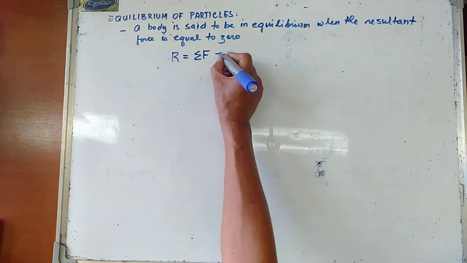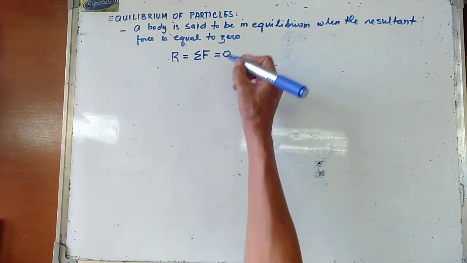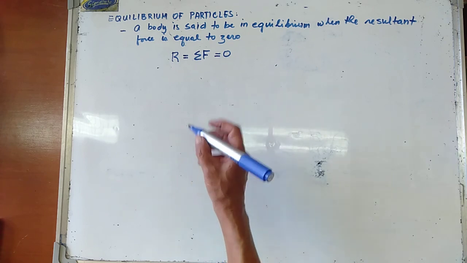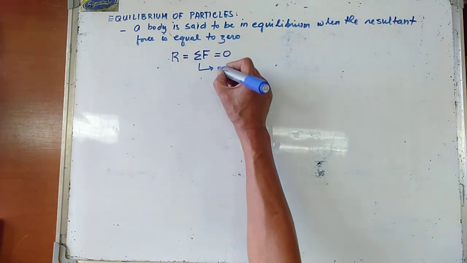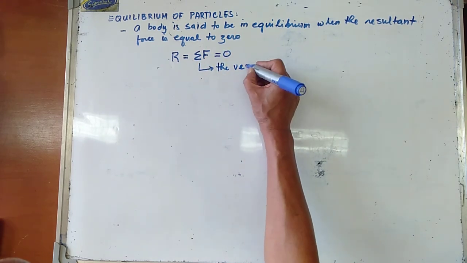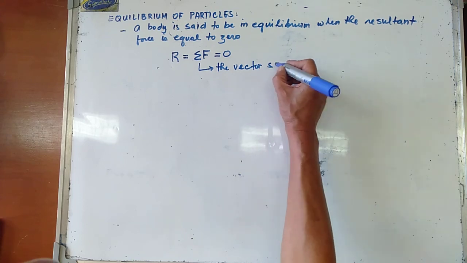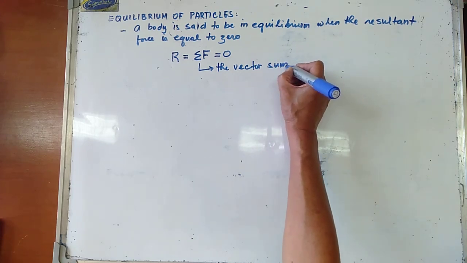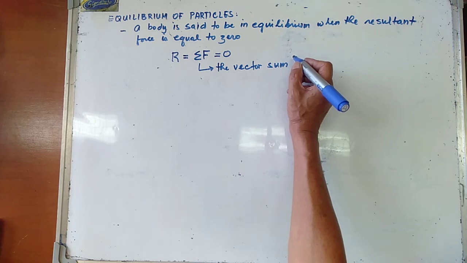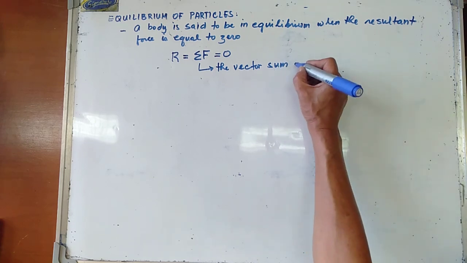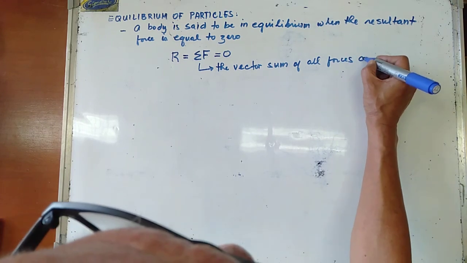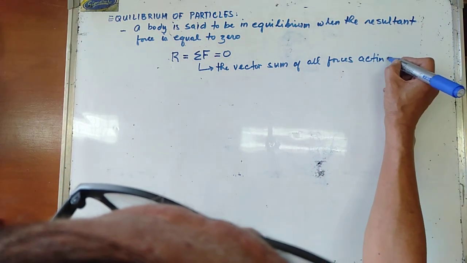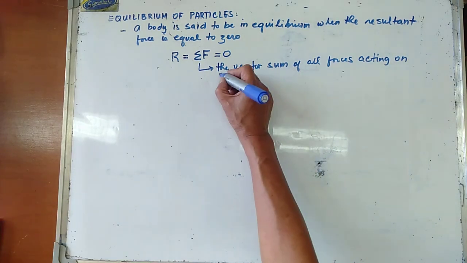So let us try to equate this one to 0. You try to take note in here that the summation of forces is the vector sum of all forces acting on the particle.